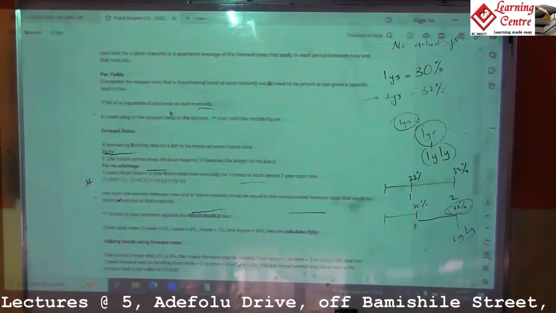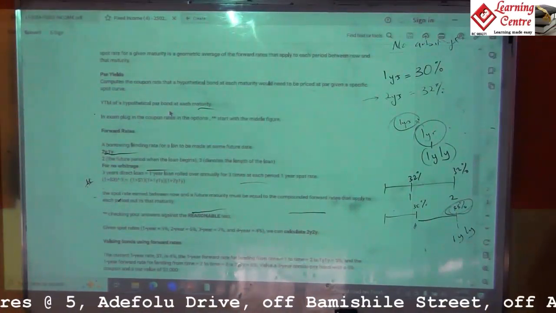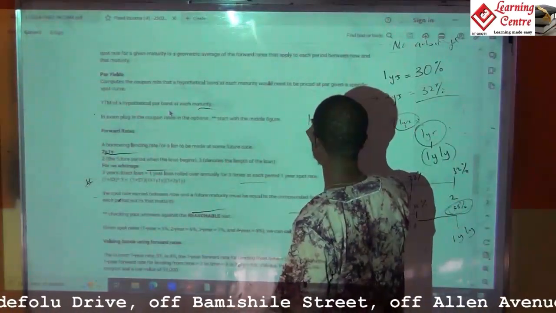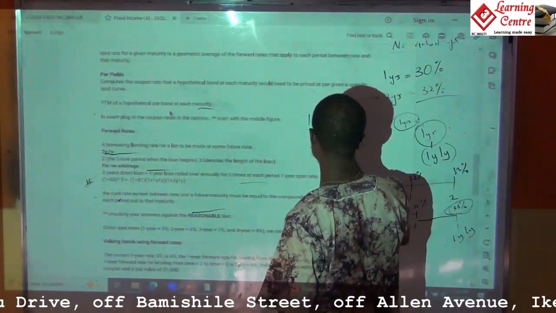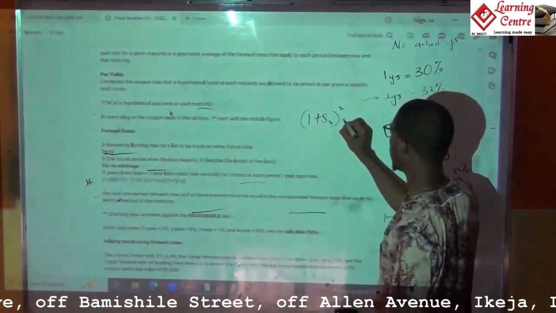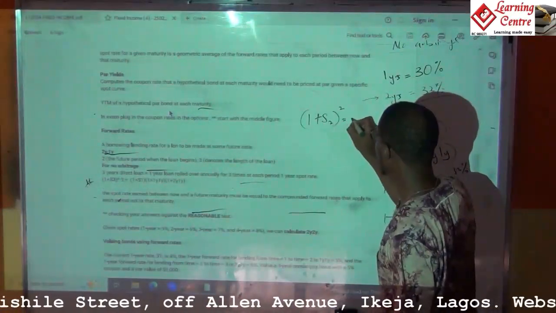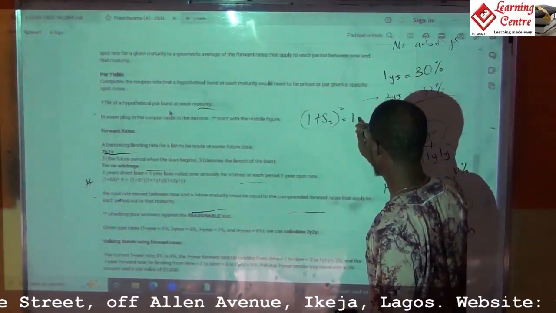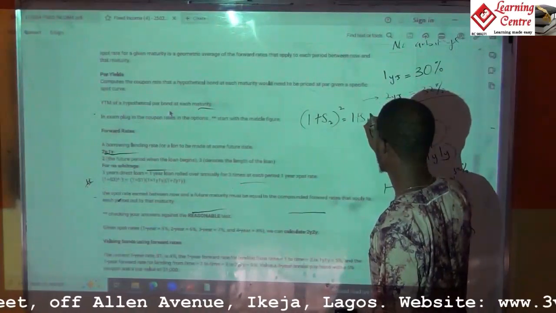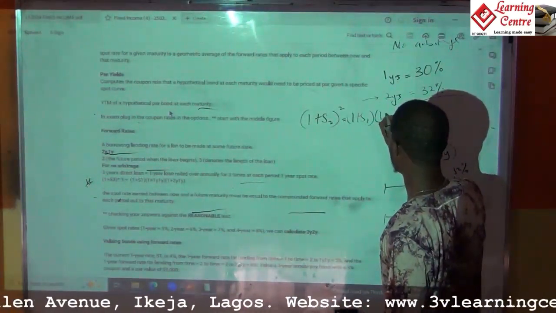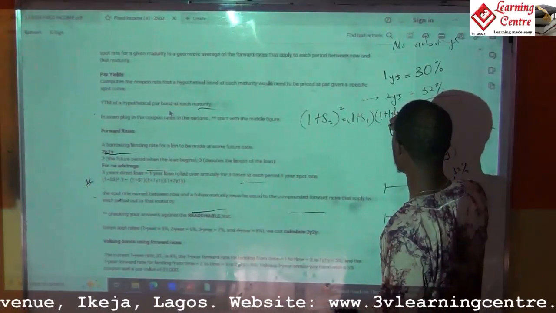What we find are the rates that leave no cheating. So if I know that a bank can give me 1 plus S2, and I have the 1 year. So I have the current spot rate, and I want to find out what is 1 year, 1 year.